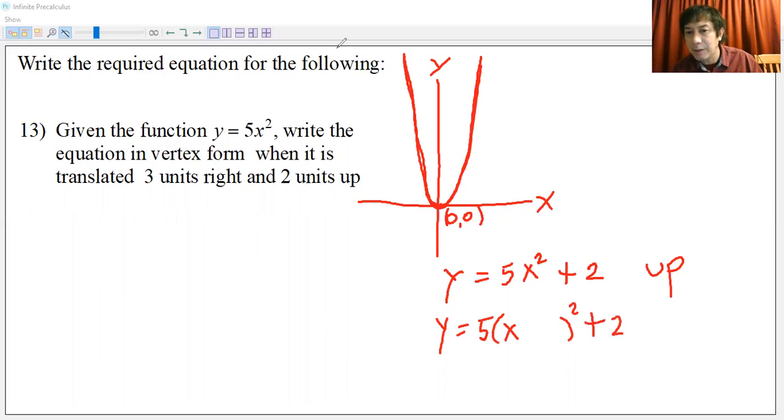That x, we will have to move to the right by 3. That means we will subtract a positive number. So translated 3 units to the right, that means minus a positive 3. There. And the curve will be moving.